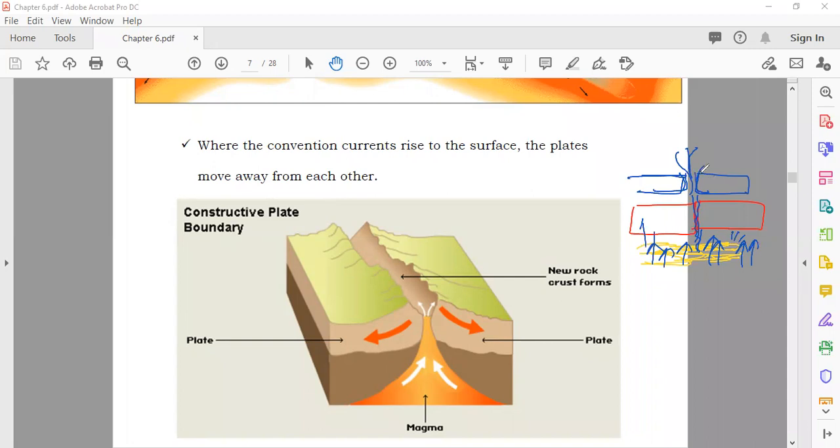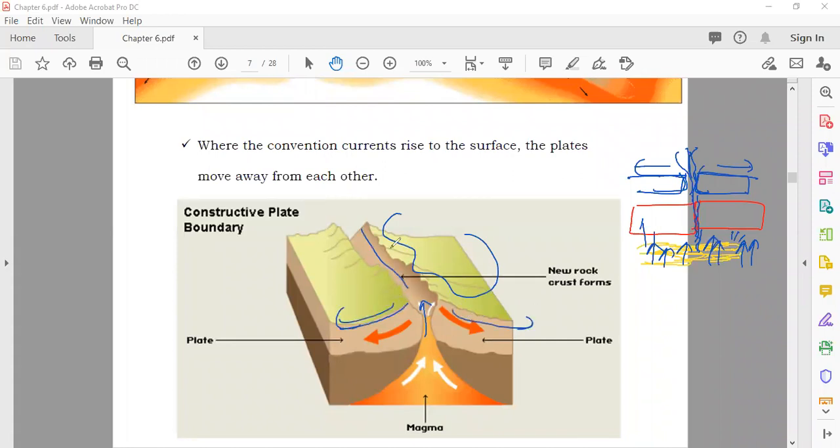So in this condition, lava comes out and plates move away from each other. As you can see in this diagram, from here lava comes and breaks up, and both plates are moving in different directions, this side and this side.